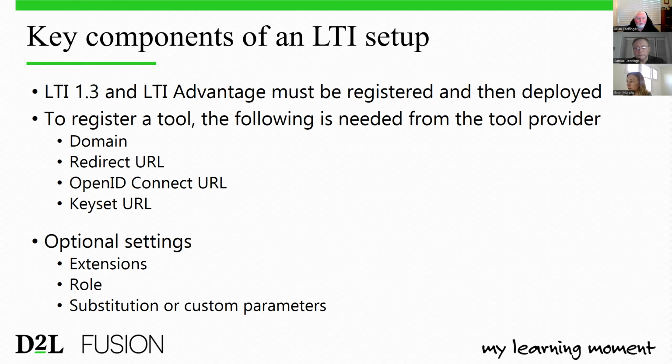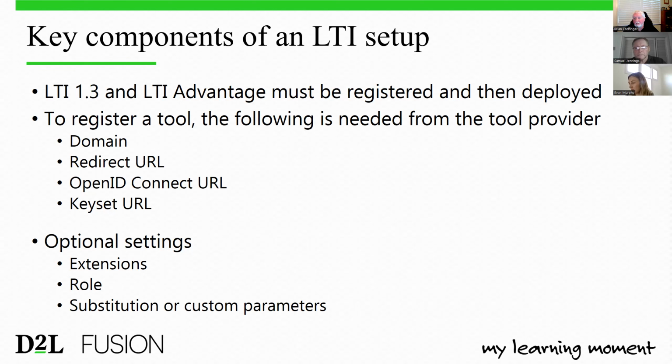Also the role. Some tools require that they know if it is a student or faculty clicking the link so that they can then give them the correct content. So faculty may see grading screens where students would see the assignment screens and complete the assignments.